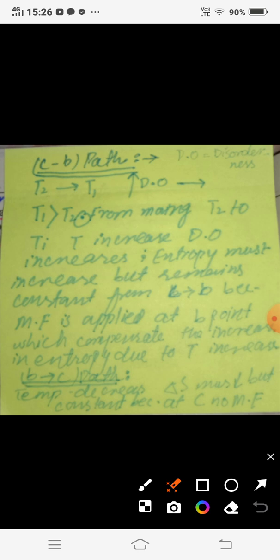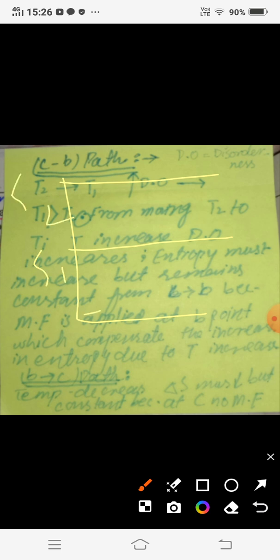You can see that we have drawn a graph about the entropy. Number one is S1 and the second is S2. Temperature is changing along the graph, this range was T2 and this is T1.